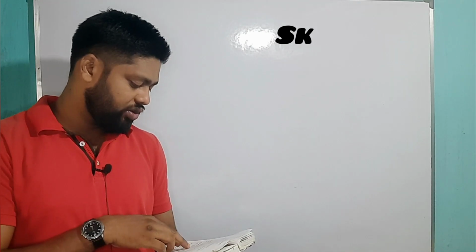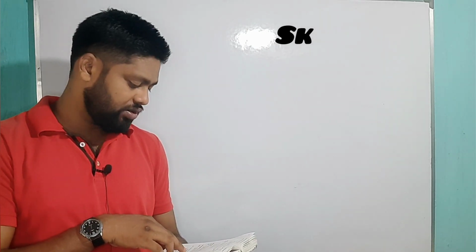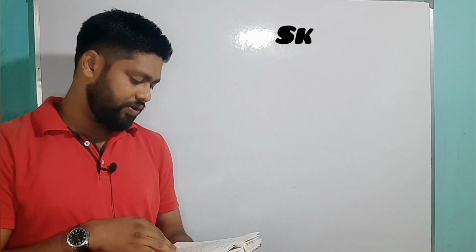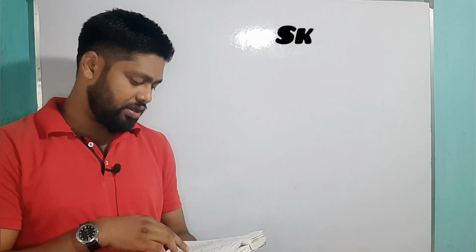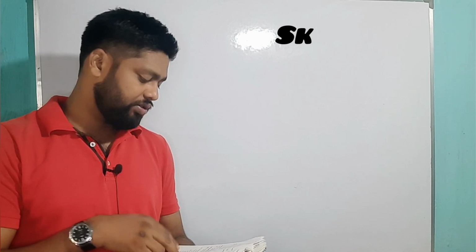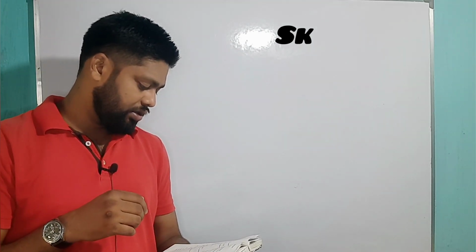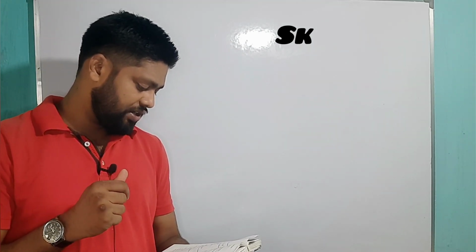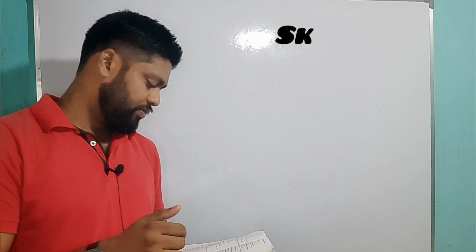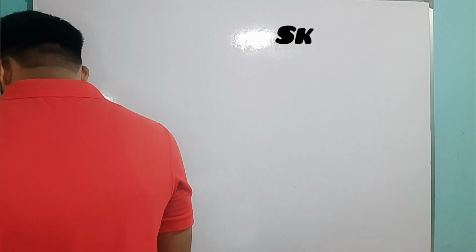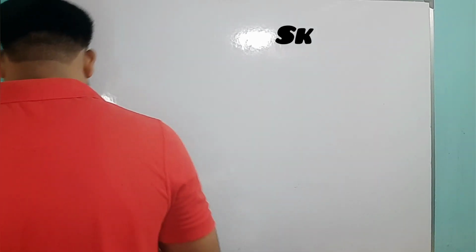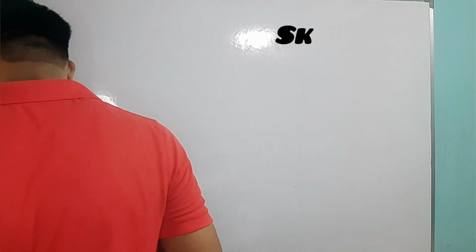To find the general term of an AP, there is a theorem. The first theorem is that if the first term of an AP is a and the common difference is d, then the nth term is given by, let me write the formula first, then I will explain it.